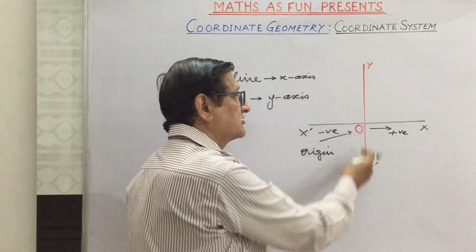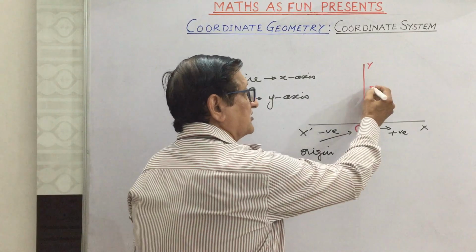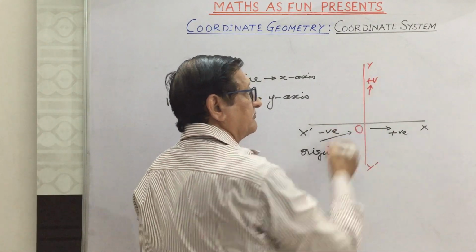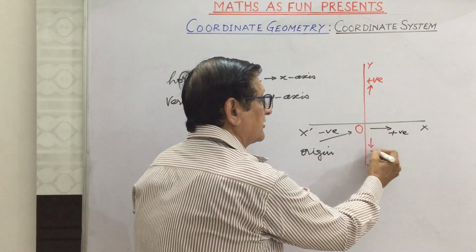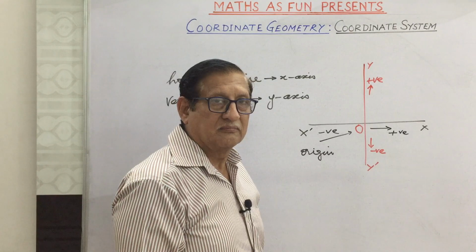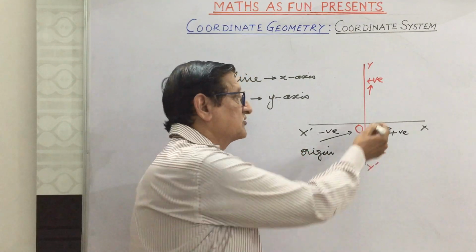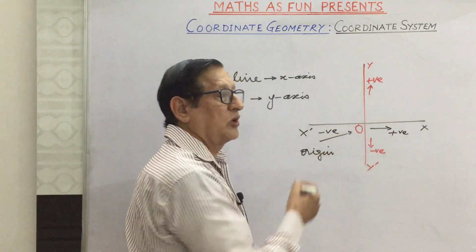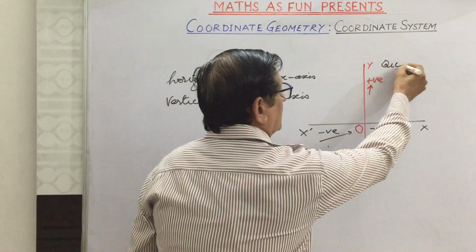In the same way on the y-axis, the distances upwards are taken as positive and the distances downwards are taken as negative. Here we have to learn one more thing, that these four parts are known as the quadrants.